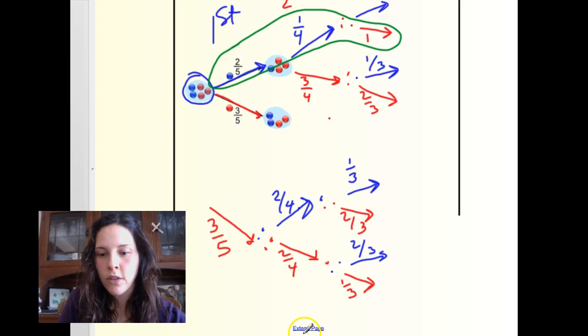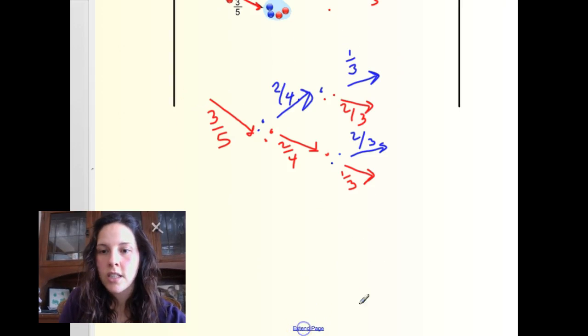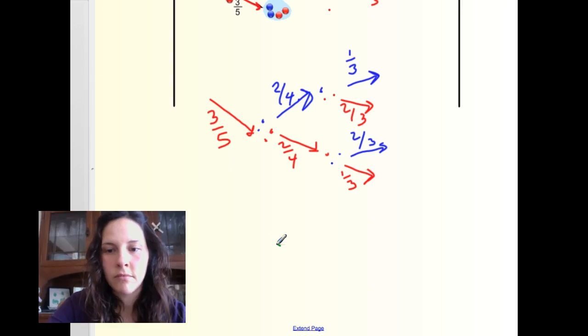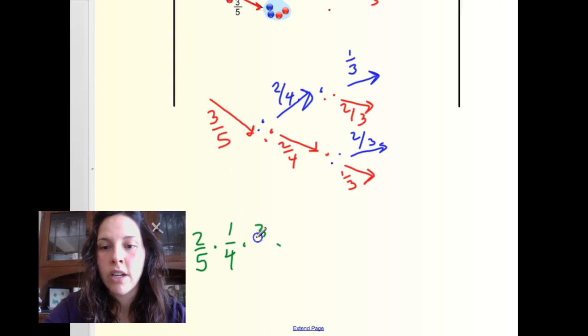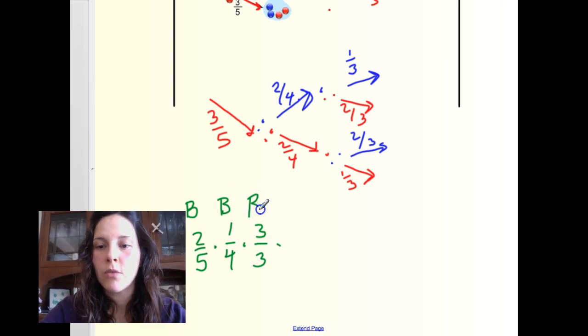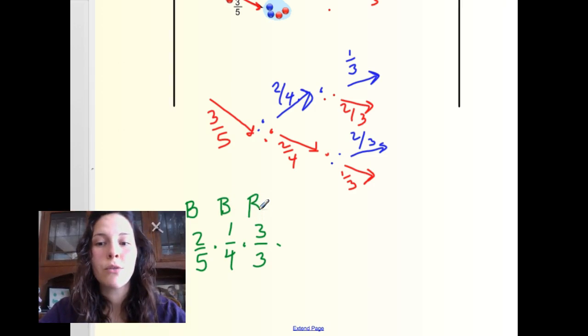So that was 2/5 times 1/4 times 1, or 3 out of 3. I'm going to change that to 3 out of 3 for the common denominator for the other probabilities. So this was the probability that I pulled blue, blue, then red. And those were "and", which is why we're multiplying.